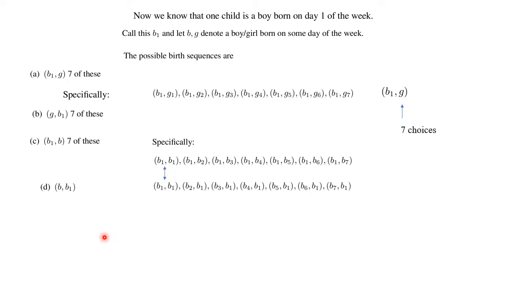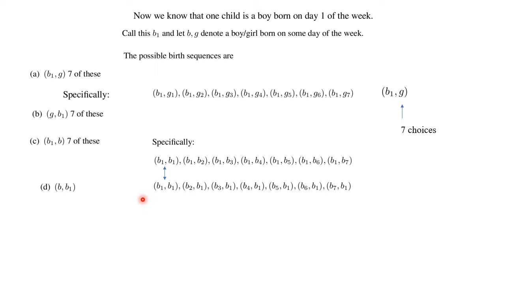But note, these are the same. So in this one here, B1, the boy being referred to as born on a Sunday, was the firstborn, and the second-born was also a boy and also born on a Sunday.